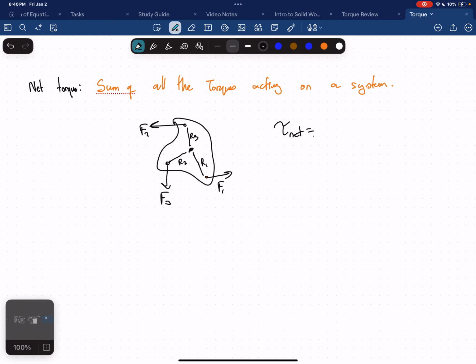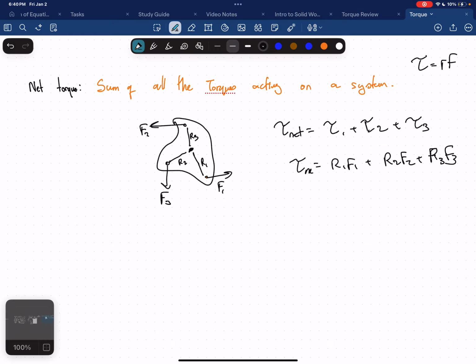So I know I have torque 1 plus torque 2 plus torque 3. The formula for torque is going to be RF. So torque 1 is R1 F1 plus torque 2 will be R2 F2 plus torque 3 will be R3 F3. All right, and there can be as many torques as there can be.